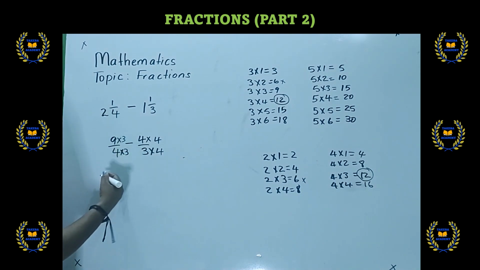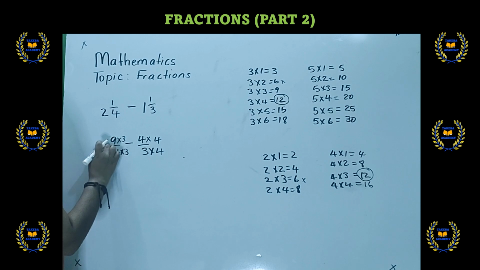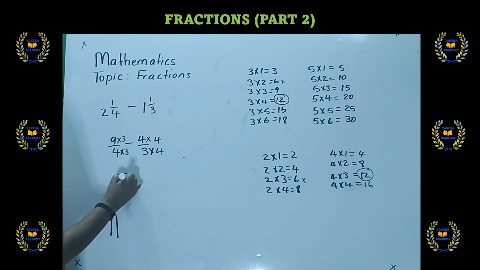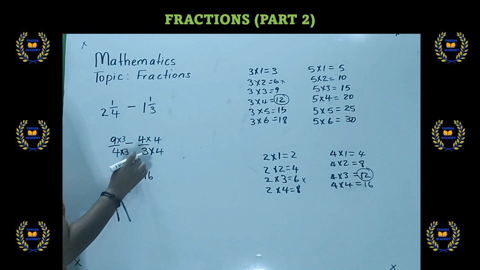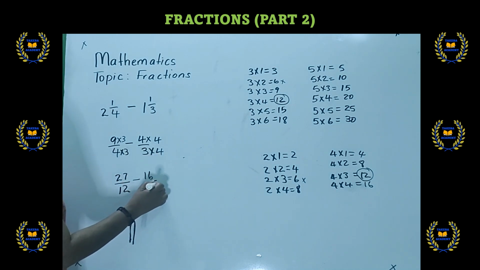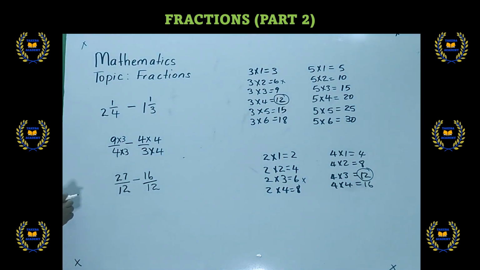Okay? So now we have our fractions. We're going to rewrite them so that we see what numbers we're working with. So 9 times 3, that's 27 over 12. Put back the subtraction sign. Then 4 times 4 is 16. And then that goes over 12 as well. So now we have our fractions that we are going to be subtracting.